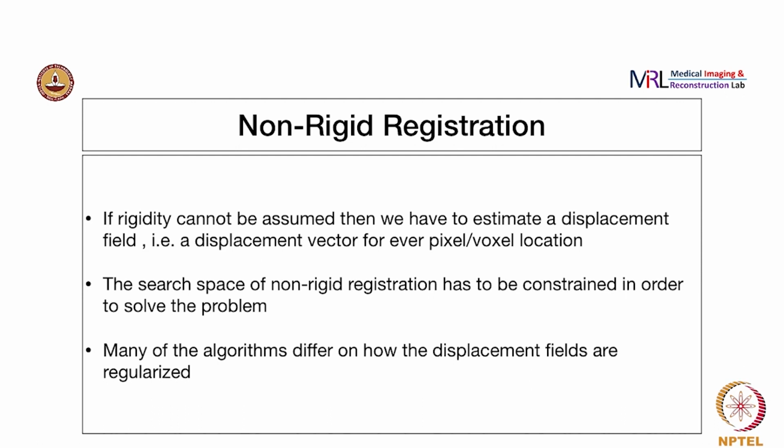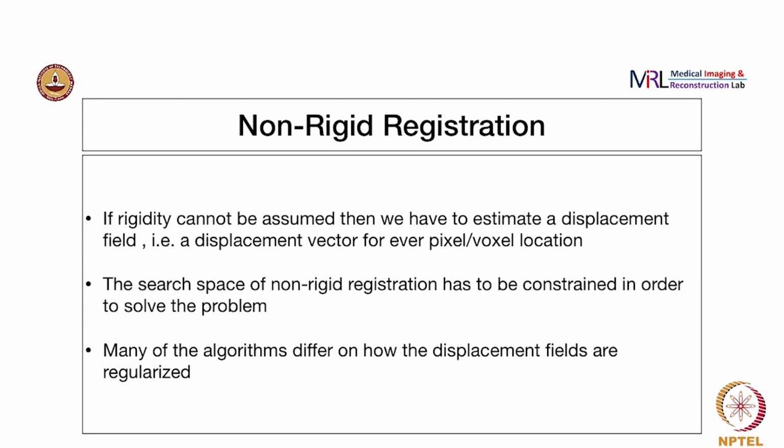This is the general approach to non-rigid registration. There has to be an estimation step of the deformation fields, followed by a regularization over the estimated fields, so that you can actually limit the search space.